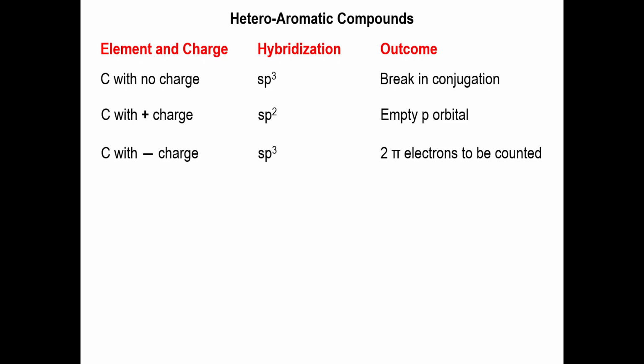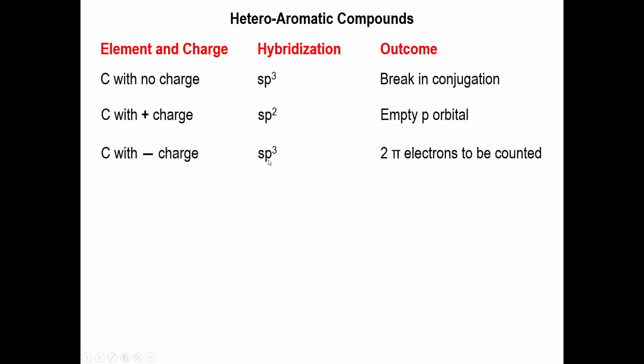This one may be a little bit tricky because, technically speaking, when the carbon has a lone pair, that's when it develops a negative charge. That's a carbanion. And technically speaking, it is an sp3 hybridized orbital. However, it does behave somewhat like a p orbital because it's kind of like a lone pair of electrons that is next to a p orbital.